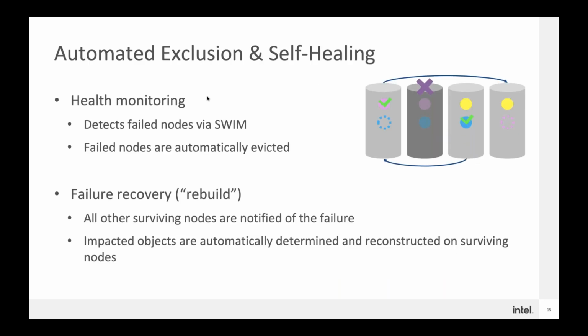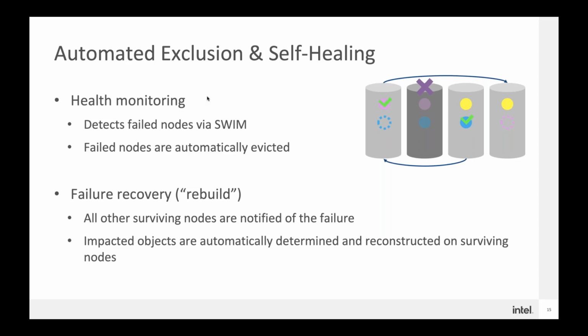We have introduced the data protection of DAOS. This page includes a little bit more information about the self-healing system of DAOS, which can actually recover the application data to the original redundancy level when failure happens. The self-healing system includes two components. The first component is the health monitoring protocol, which is called SWIM.